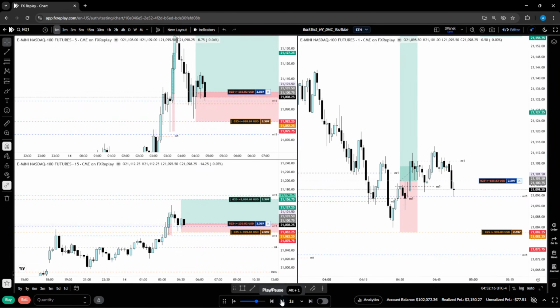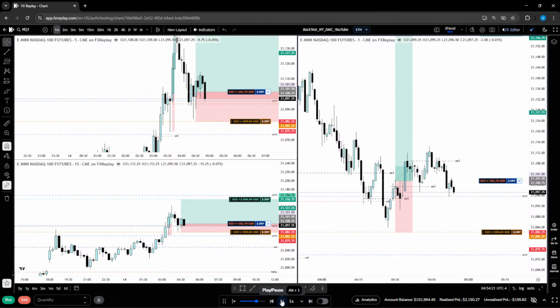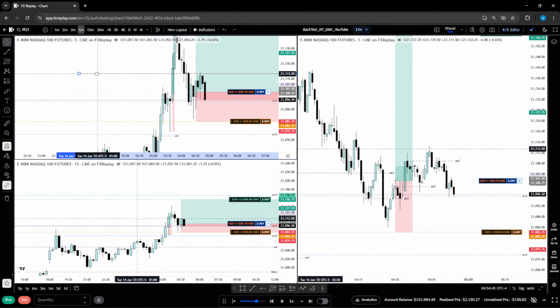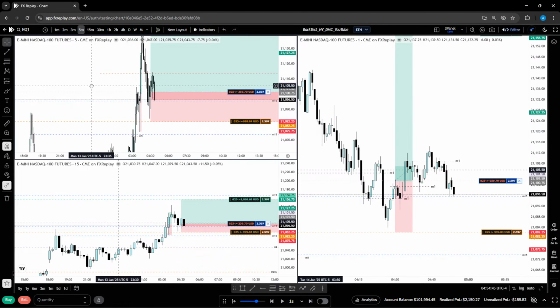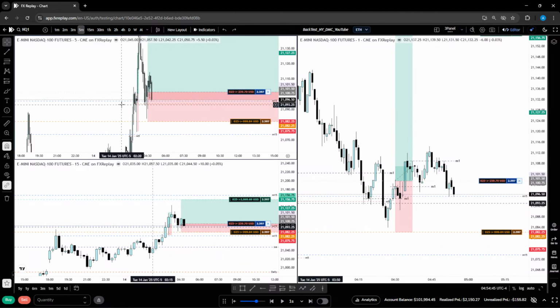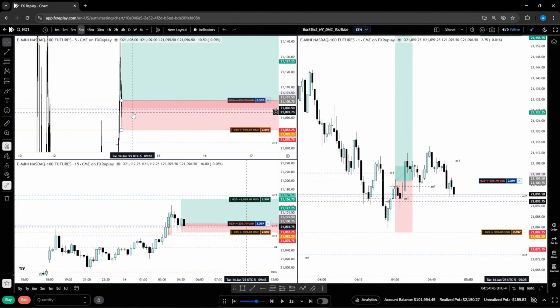Now this is not good. So basically we went to this 5 minutes, lower 5-minute level. What happened? I don't know what this is.